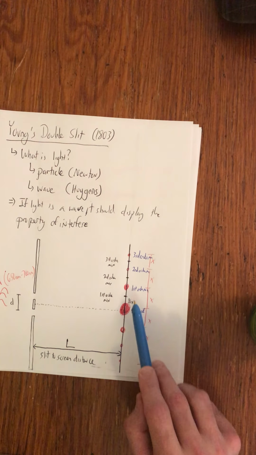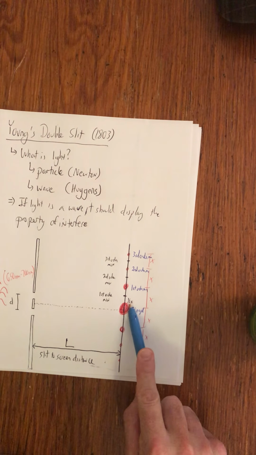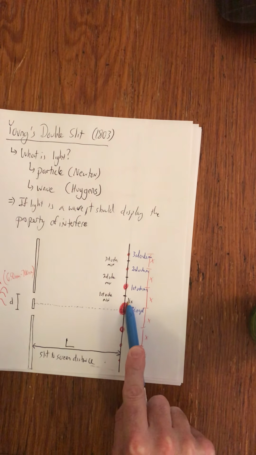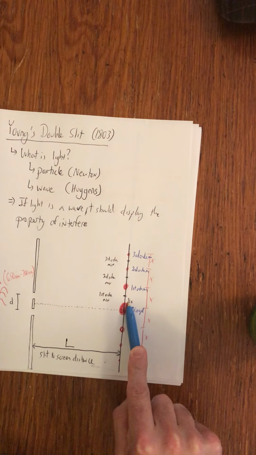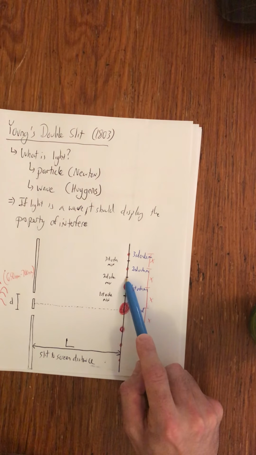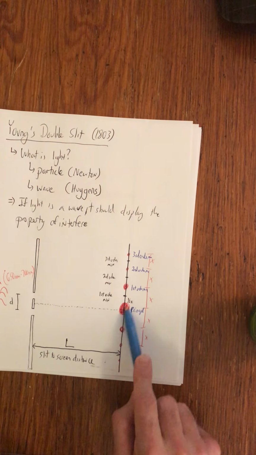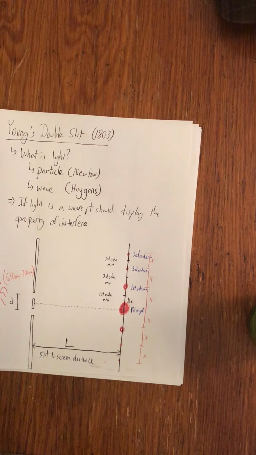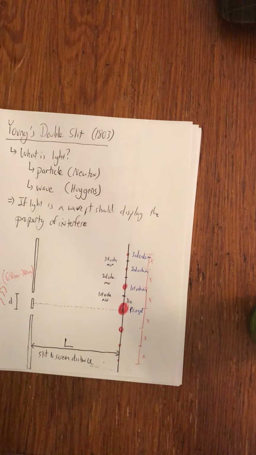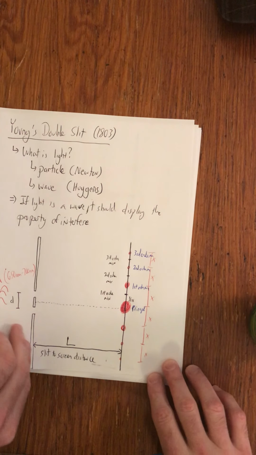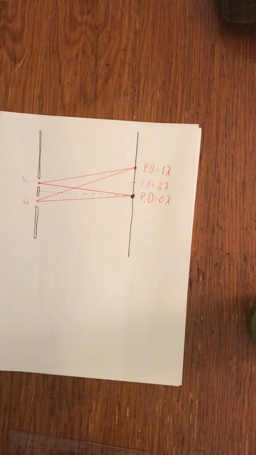So this number correlates also with the path difference. How about this? The path difference to the first order min was half lambda. The path difference to the third order max was 3/2 lambda, but notice it's also 3/2 x up. So if I know the pattern, that correlates with the path difference. And that gets us into explaining exactly what's going on here.